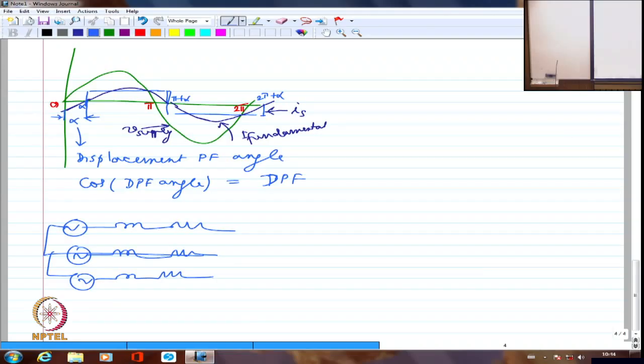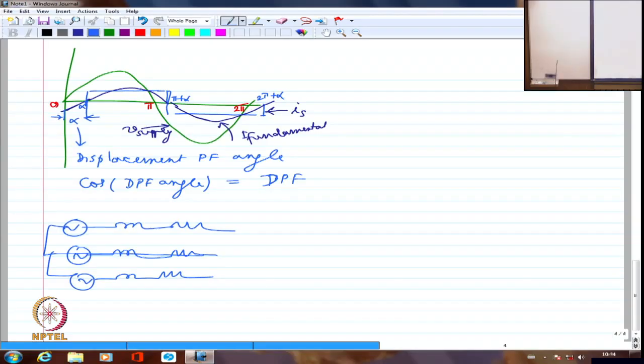The moment there is a non-sinusoidal supply, I may have fifth harmonic, seventh harmonic, third harmonic, 11th harmonic. So I will have different revolving magnetic fields. One rotating at 5 times omega s, another rotating at 7 times omega s, another at 11 times omega s. So many things, all of them are going to confuse the hell out of the induction motor.